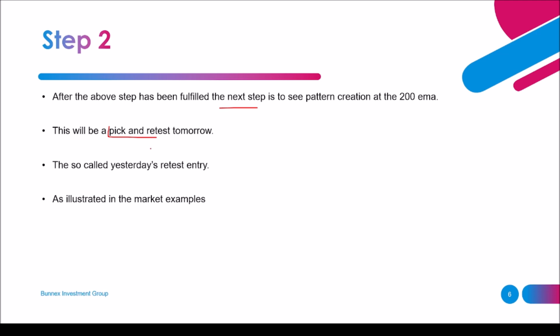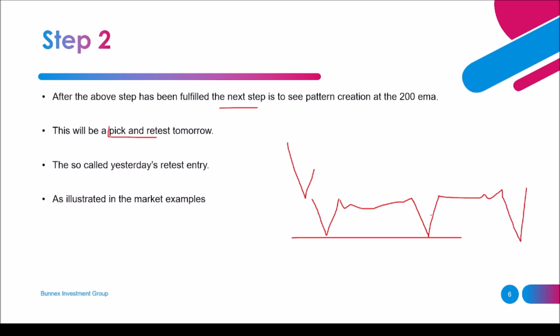It means we are actually hitting the 200 EMA or just piercing through it, and then we need to retest on the following day or even on the 3rd day like that. This is the so-called yesterday retest entry. When they come to this price, that is where we need to see a candlestick reversal pattern, as illustrated in the market examples.